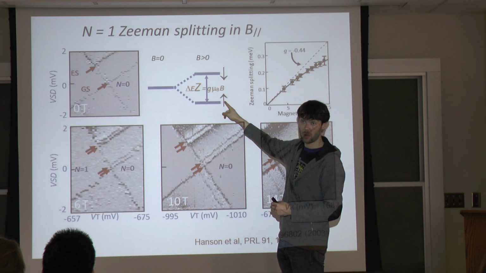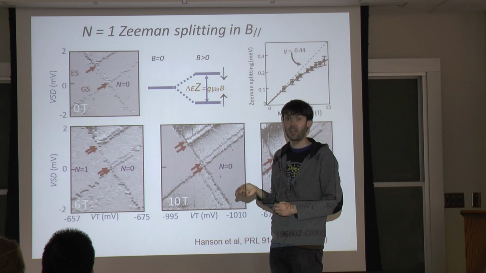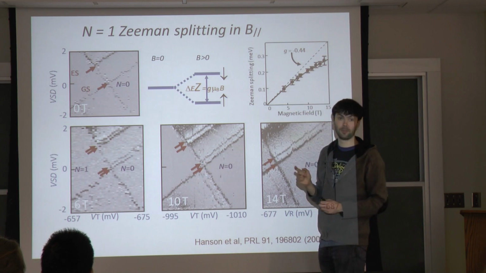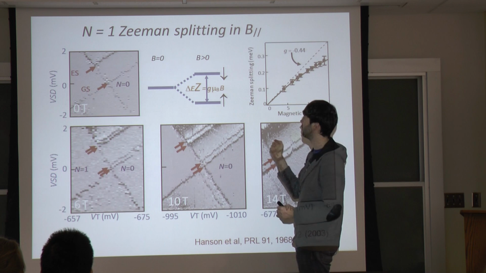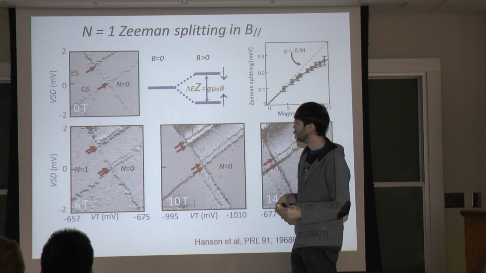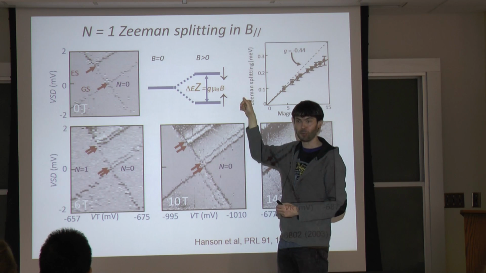Spin down is lower in energy. That's because the effective G factor in gallium arsenide is negative. It is supposed to be negative 0.44. So if the G factor were positive, spin down would be the lowest energy state. So we just assign the lower line to spin up and the higher line to spin down.